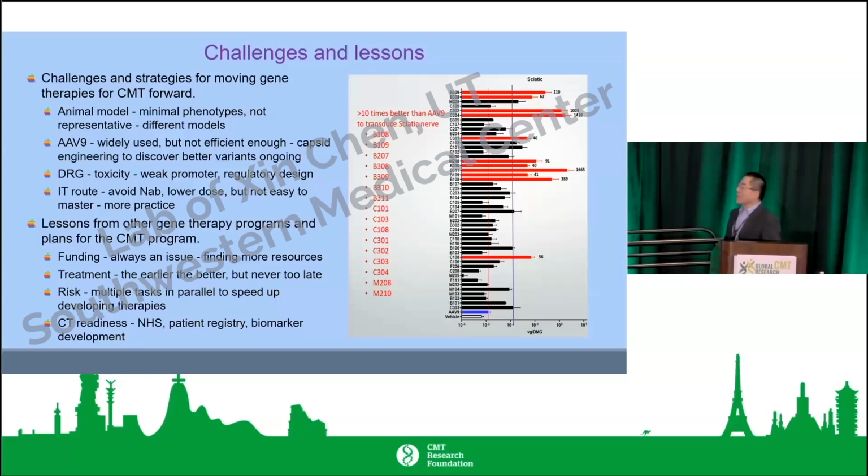And in our lab, we have been working on dozens of different neurological disorders, not just CMT, but also other diseases. We have a lot of lessons learned. So funding seems always the issue. If we have plenty of funding, we can move a project relatively faster.